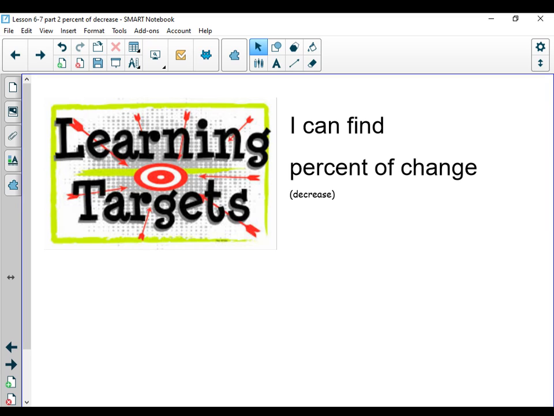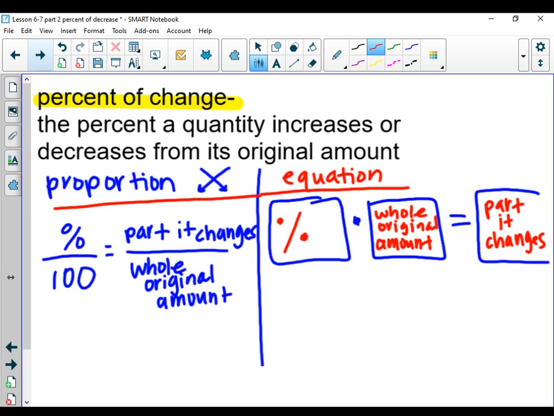And if you remember from yesterday, we had percent of change increase, and then we had a little foreshadowing that there's probably some decrease coming next. And today is the day. So these notes look a lot like yesterday's because I copied them from yesterday.